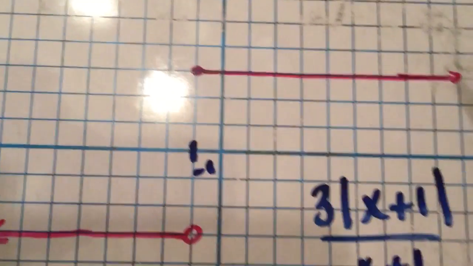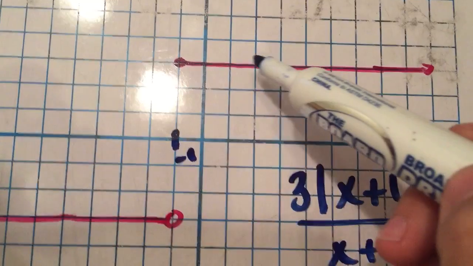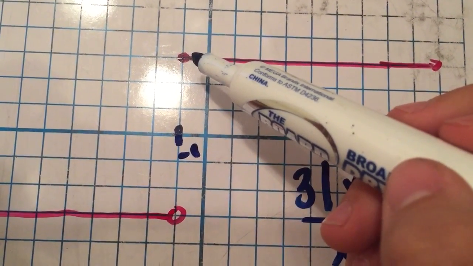And then my right-hand limit, where am I at? My right-hand limit is approaching positive 3.